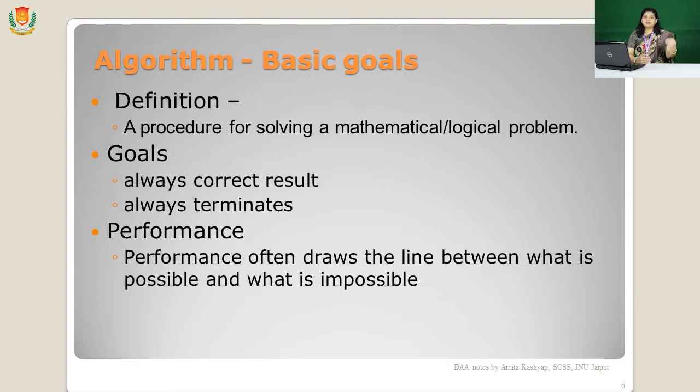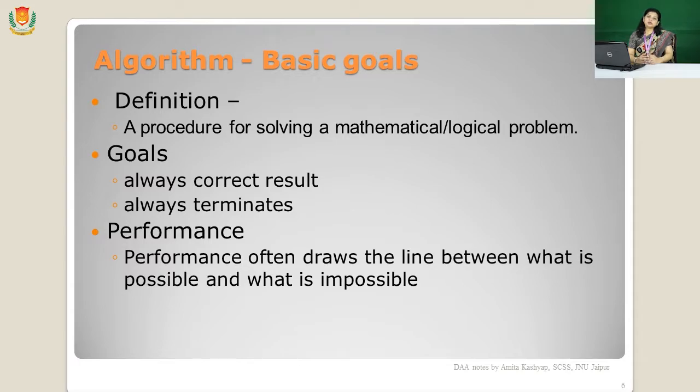If we have 100 records we want to process, then after processing 100 records, the program should terminate and store the result in the proper form so that it can be further utilized. That is the main purpose of writing a program, to generate reusability. Once it is running for one kind of data, it may run for other kinds of data as well. So we can reuse the program, and this program should terminate. That is one of the goals.